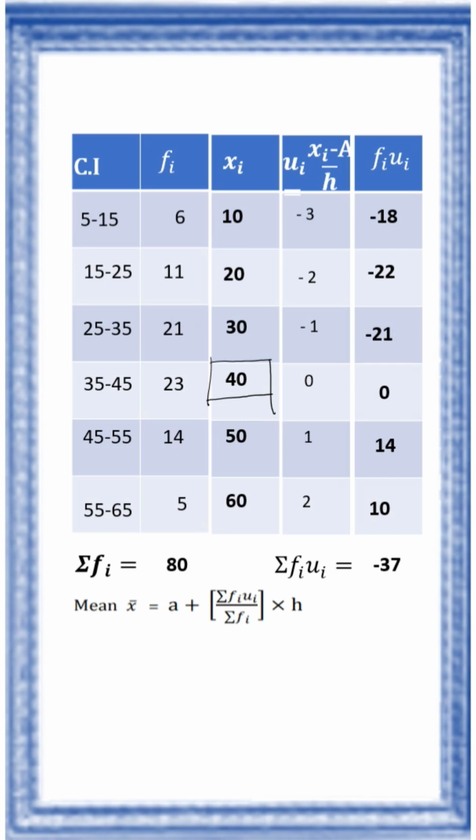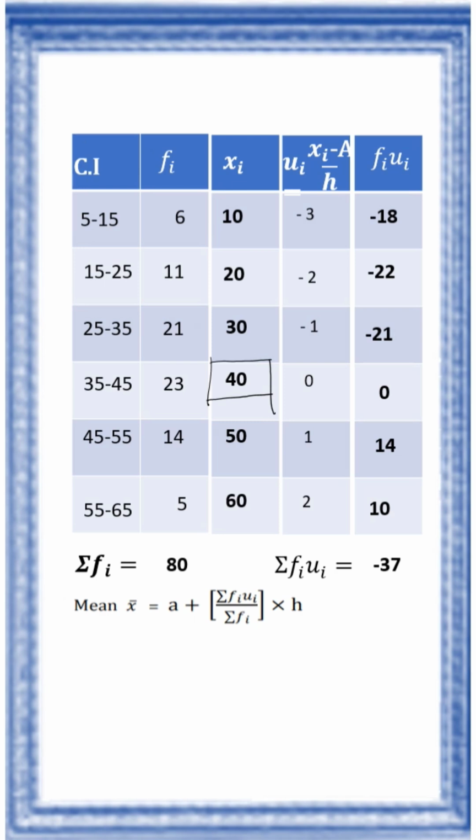Minus 30. Minus 30 by 10, what is it? Minus 3. 20 minus 40, what is it? Minus 20. Minus 20 by 10, this is minus 2. 30 minus 40, that is minus 10. Minus 10 by 10, that is minus 1.